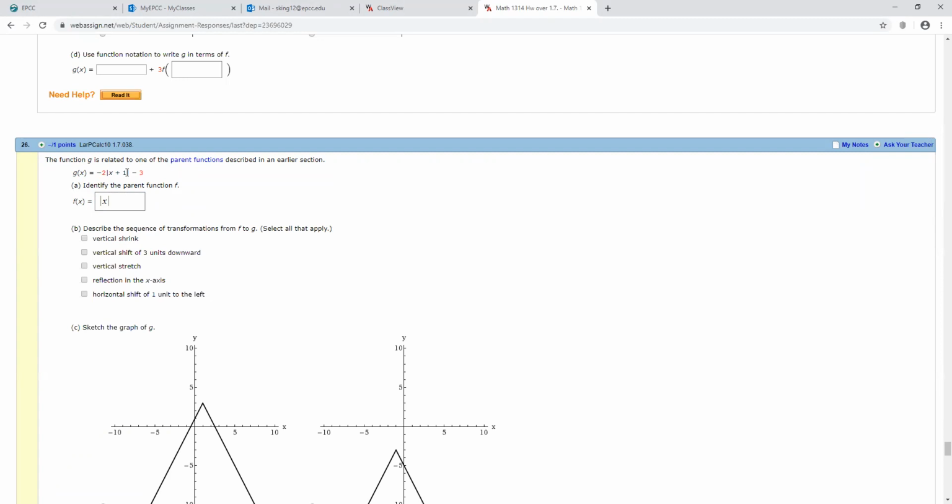Transformation is just the general name for changing a function, and there are several categories of transformations. There are translations, which is when you add or subtract, either inside the function or outside. Inside is horizontal, outside is vertical. Just summarizing everything we did the other day, which took several hours.